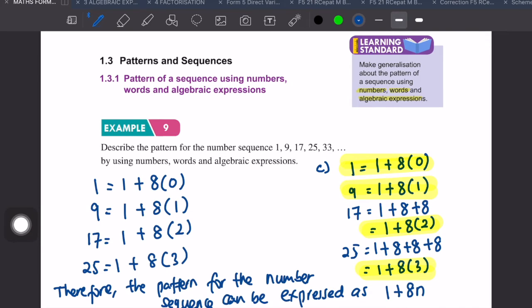And n equals 0, 1, 2, 3 and so on. So that's the way you write the pattern of the sequence by using an algebraic expression.